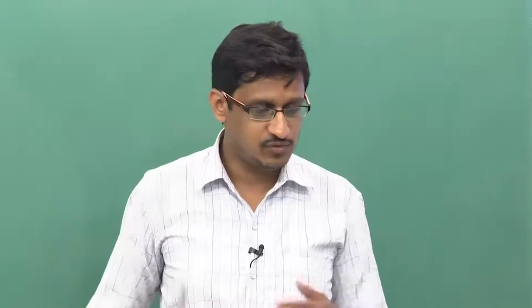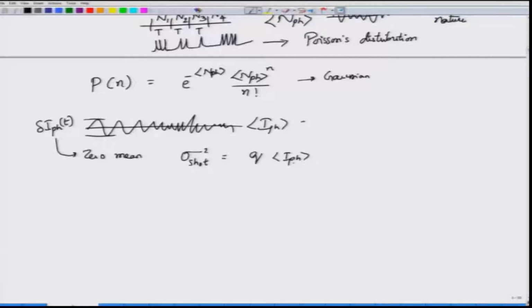Okay. However, what you are interested in is not just this one, you are interested in what is the total noise power contributed into the photodetector circuit having a bandwidth BE. So, let us say this is the power spectral density. The power spectral density is essentially constant, and therefore, this is a white noise process. The value of the power spectral density is q into IPH.